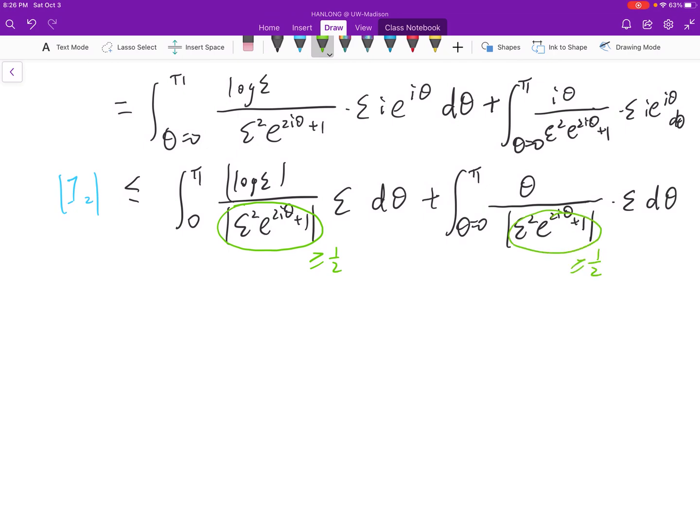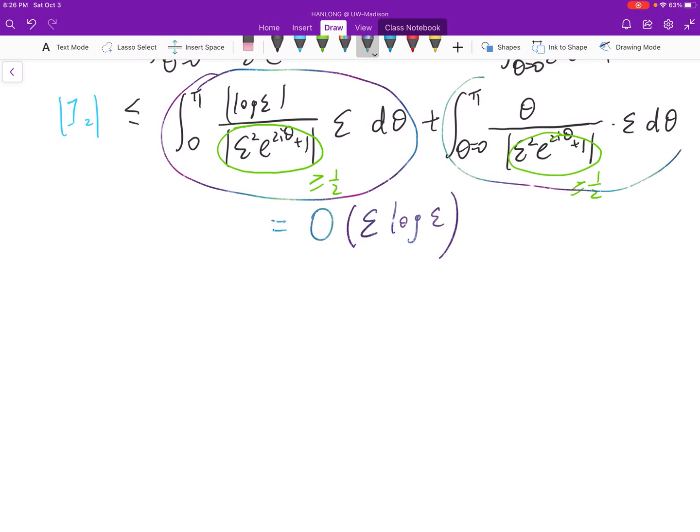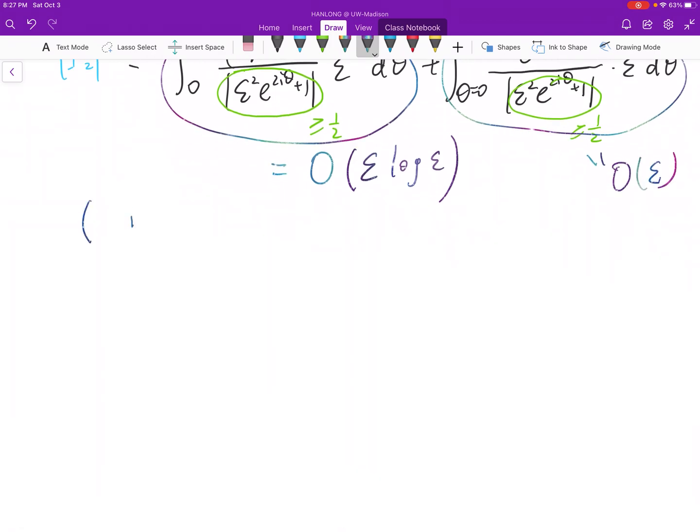So the denominator is good. Therefore the first part is bounded by epsilon log epsilon, and the second part is bounded by O of epsilon. That implies that if epsilon goes to 0, I2 goes to 0.